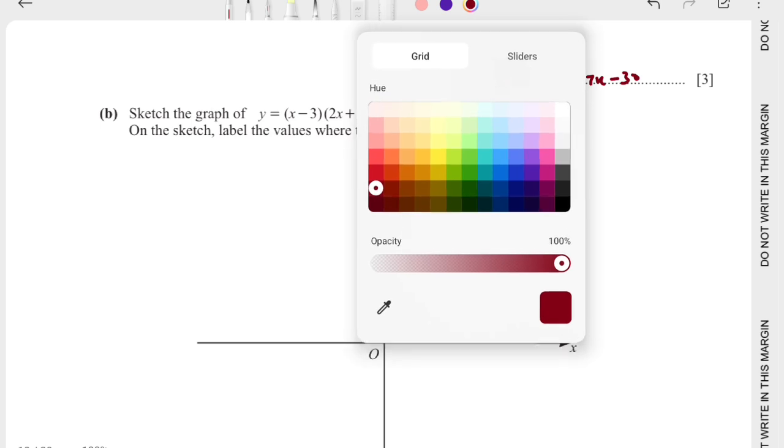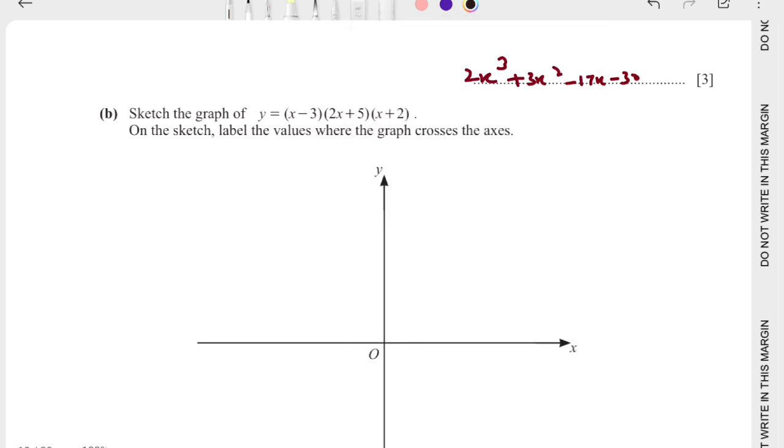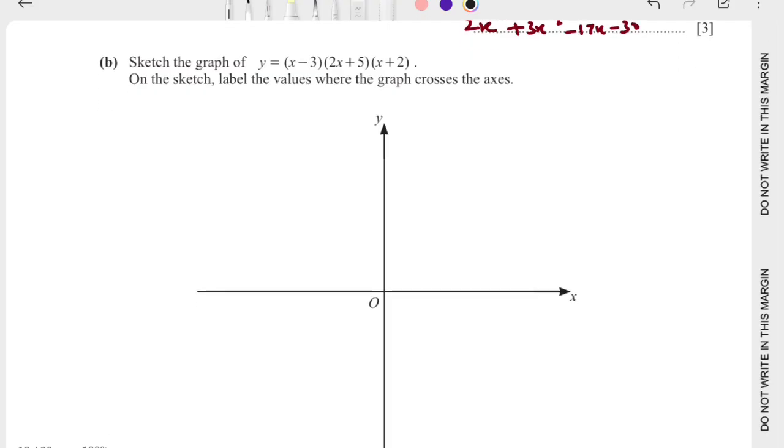B part, sketch the graph of y = (x − 3)(2x + 5)(x + 2). Student, this is a very trendy question, as this is a cubic graph, and for sketching we have to find the y-intercepts and x-intercepts.